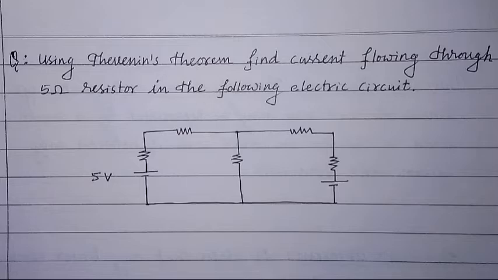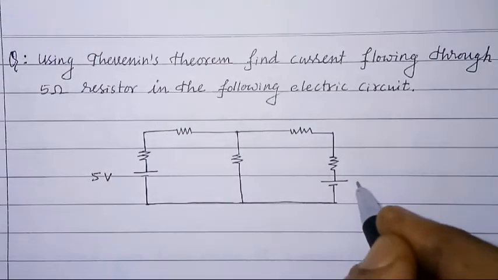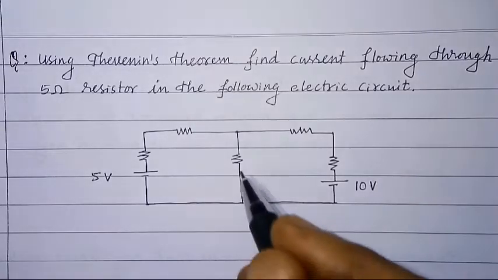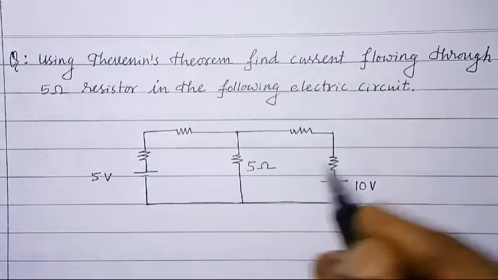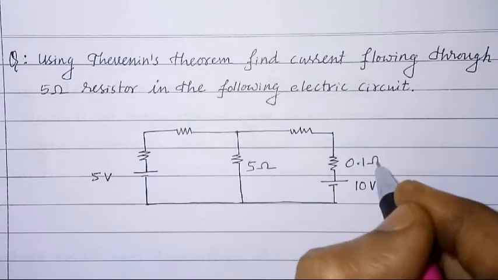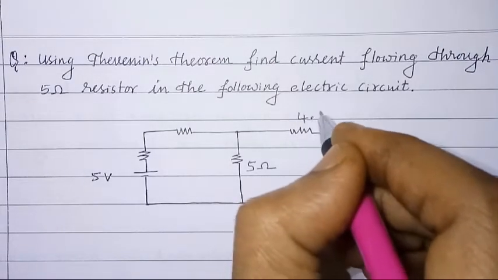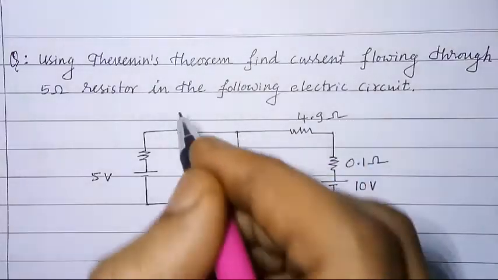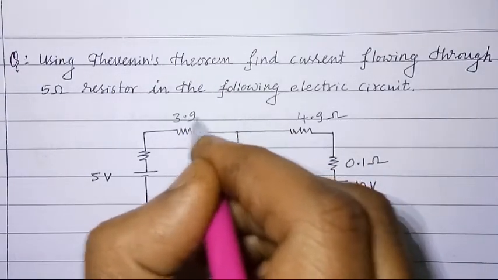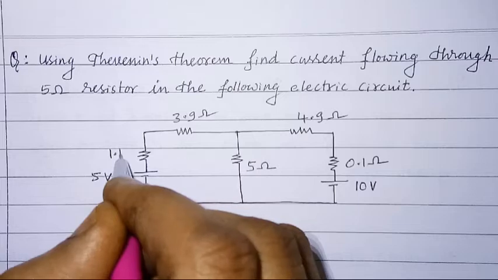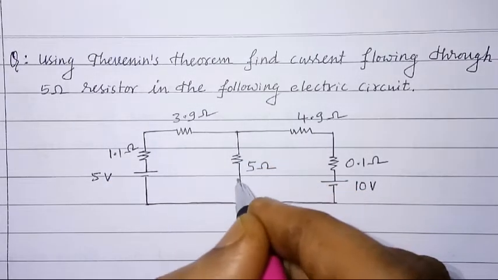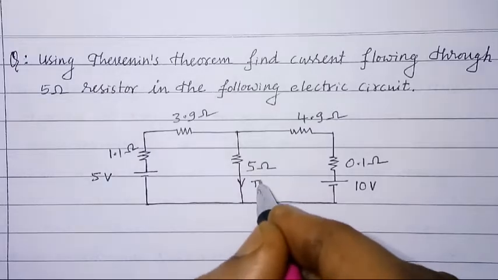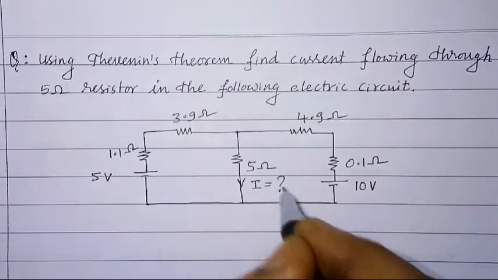Here I am considering same problem that we learnt in superposition theorem. So here we have to find current through 5 ohm resistor.